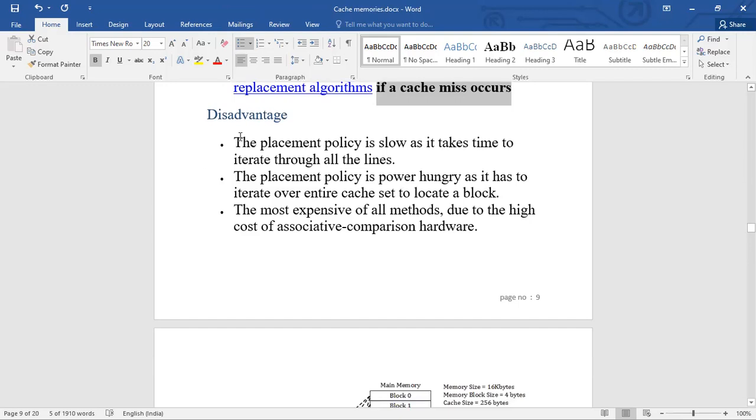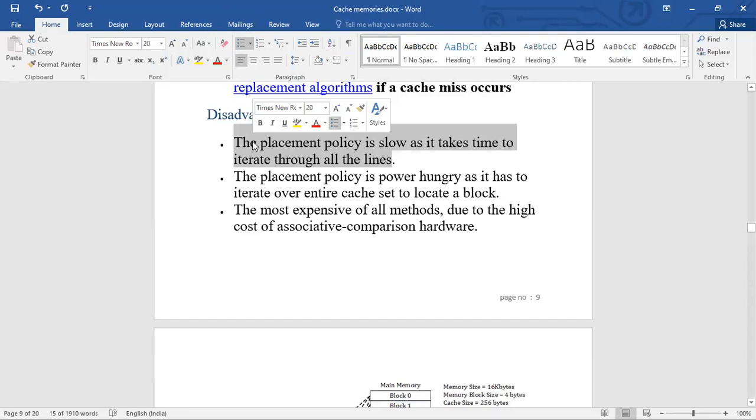And we need to know the disadvantages. What are the disadvantages here? The placement policy is slow, as it takes time to iterate through all the lines.